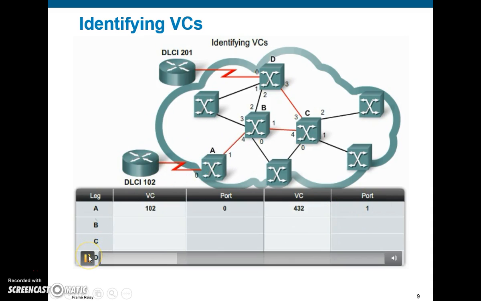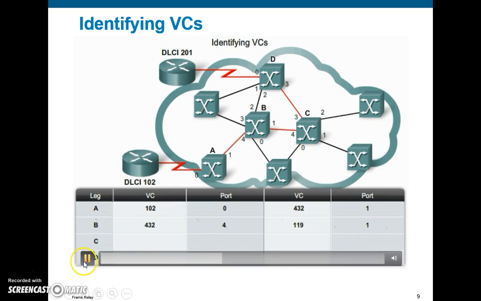So now notice the DLCI number has changed to 432. That's why this 102 only has meaning in this link. Once it's passed to the frame relay switch, they will change the number. So no more 102 anymore. It's changed to 432. Send out to port 1.